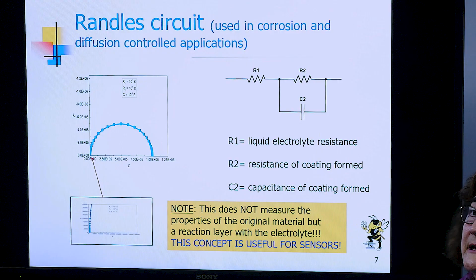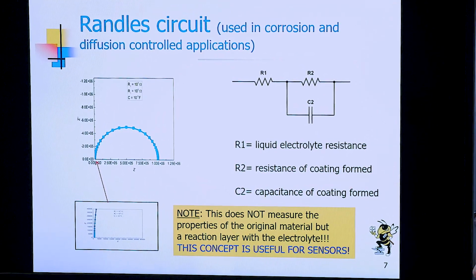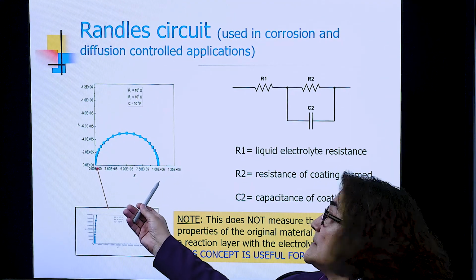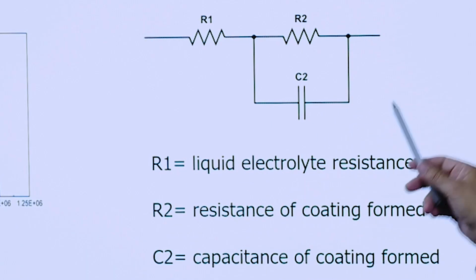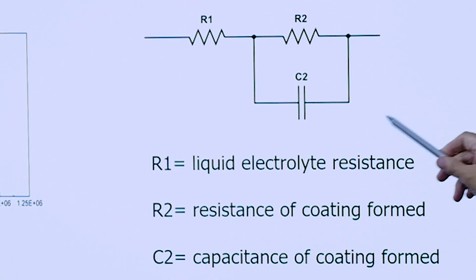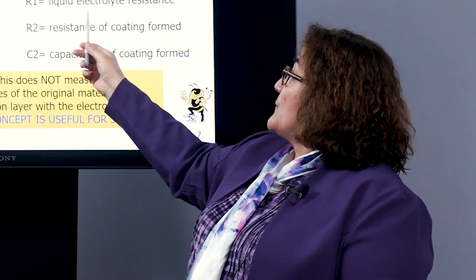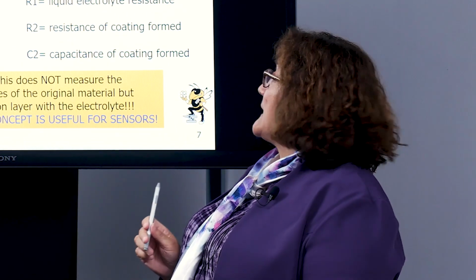Generally, most people who use the technique of impedance spectroscopy are actually using a method known as EIS, or electrochemical impedance spectroscopy. And one of the most typical methods that is actually used to interpret the measurements is the Randles circuit. Basically, in the complex impedance plane, you normally get a semicircle, which is associated with the formation of a capacitance at the surface of the material, which is exposed to a conducting liquid electrolyte.